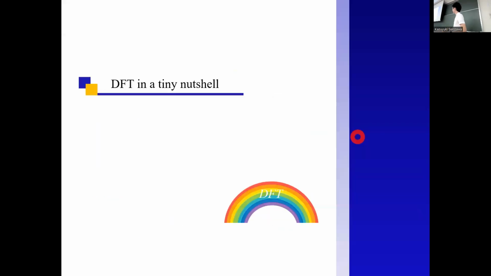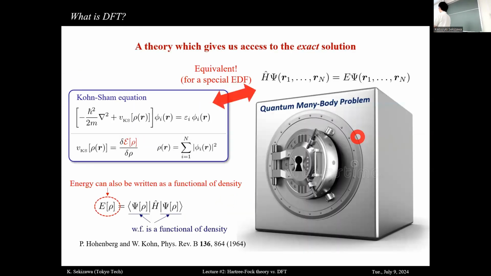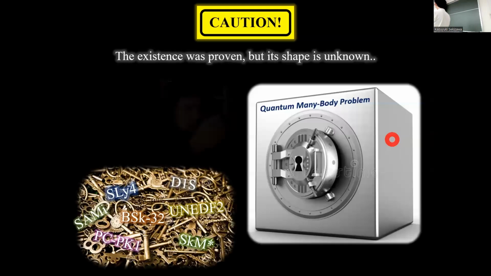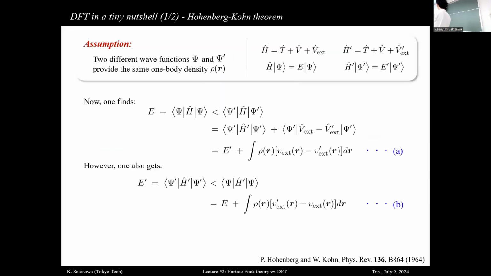But in practice, we use an energy density functional, which is related to density functional theory. Last time I explained what density functional theory is, and it is in principle related to the exact solution of the many-body Schrödinger equation. Behind this density functional theory, what we have is the Hohenberg-Kohn theorem.